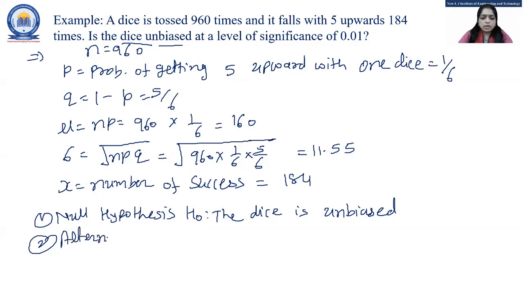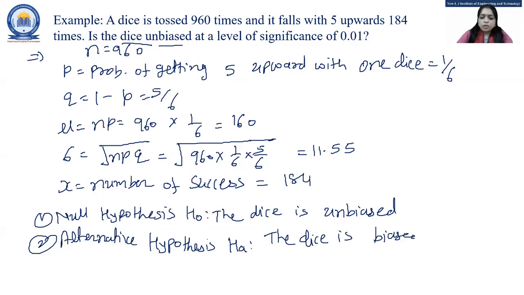So the alternative hypothesis HA is the dice is biased. This is our second step.